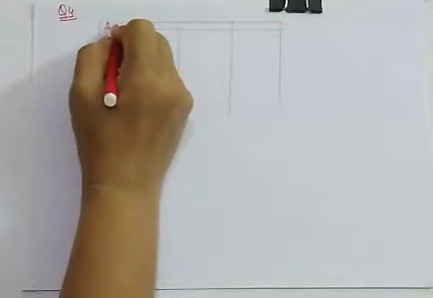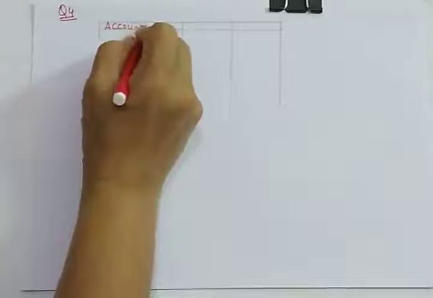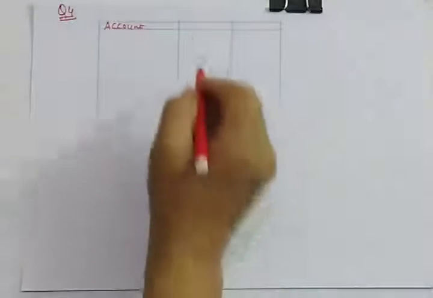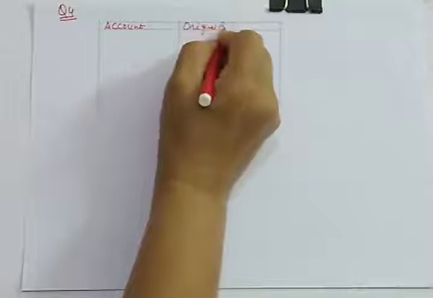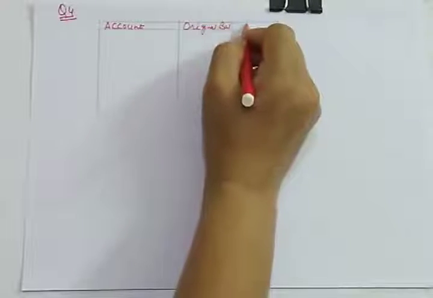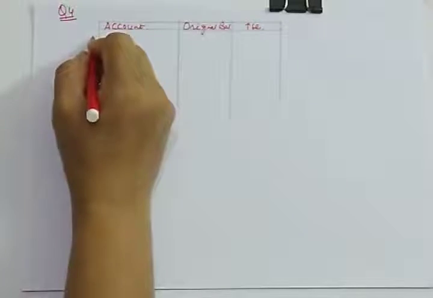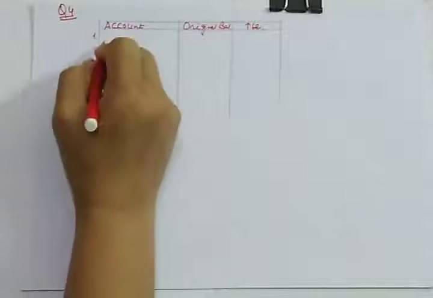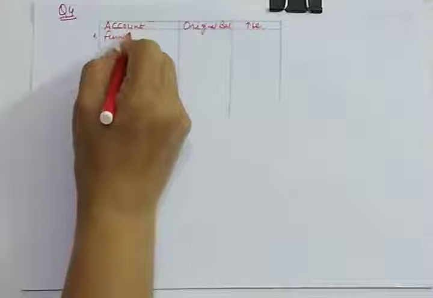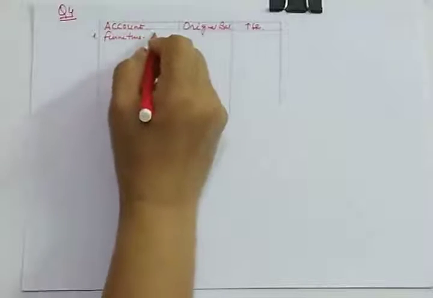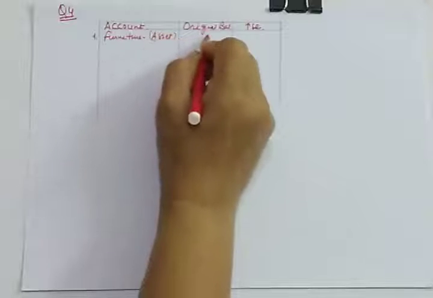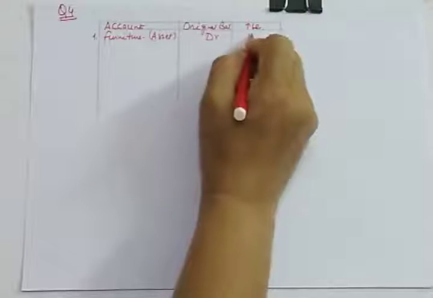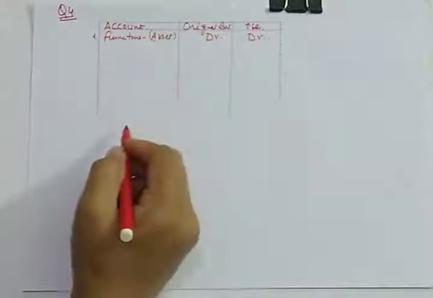First of all we'll write the name of the account, and then the original balance, whether it's debit or credit, and then the increase. So first one is furniture. What is the nature of the furniture? Furniture is our asset, and asset will have an original balance of debit, so increase will also be debited.